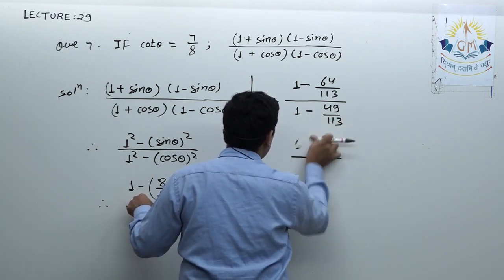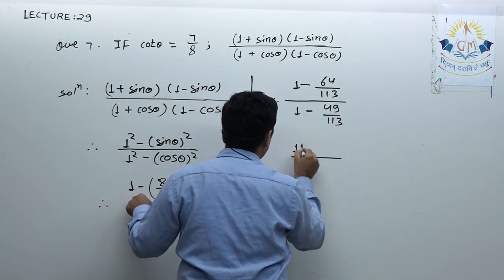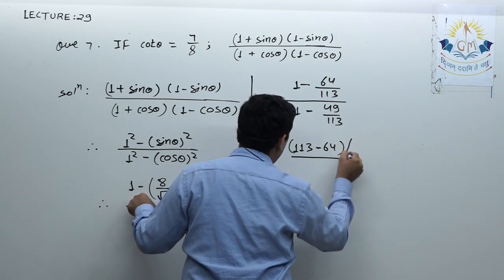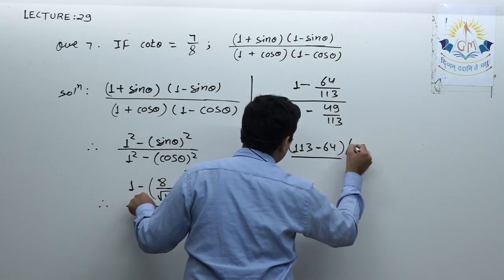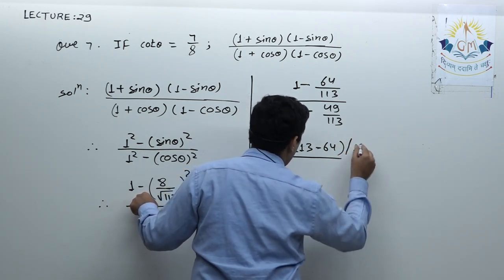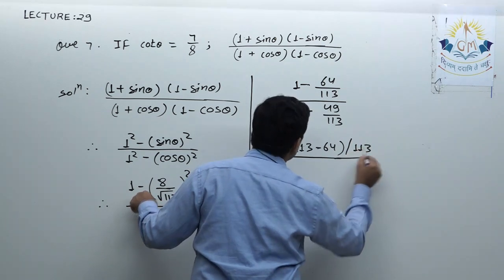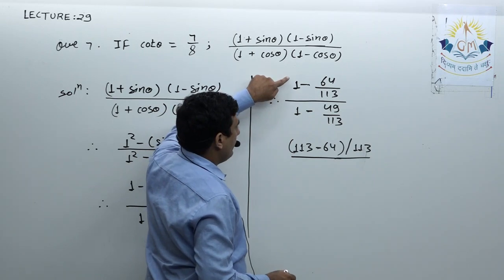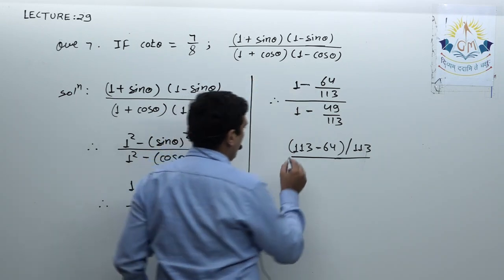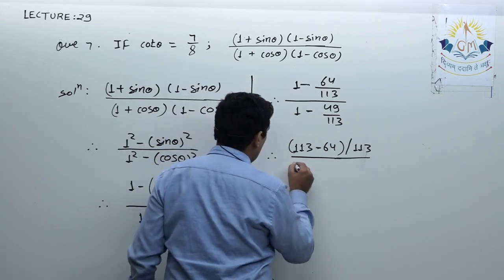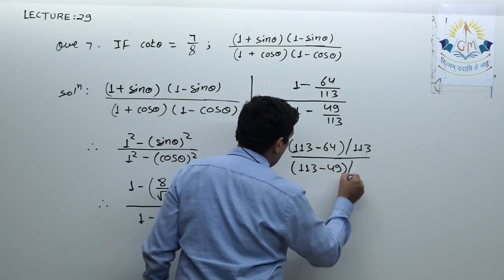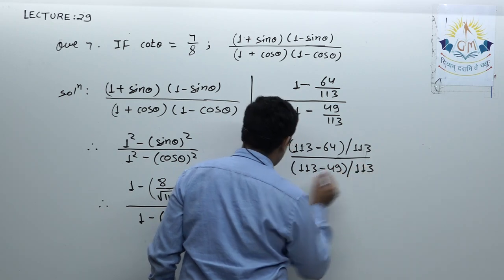If I take the LCM, the LCM will be 113, so in the numerator I will get 113 minus 64, similarly over here I will get 113 minus 49 divided by 113.